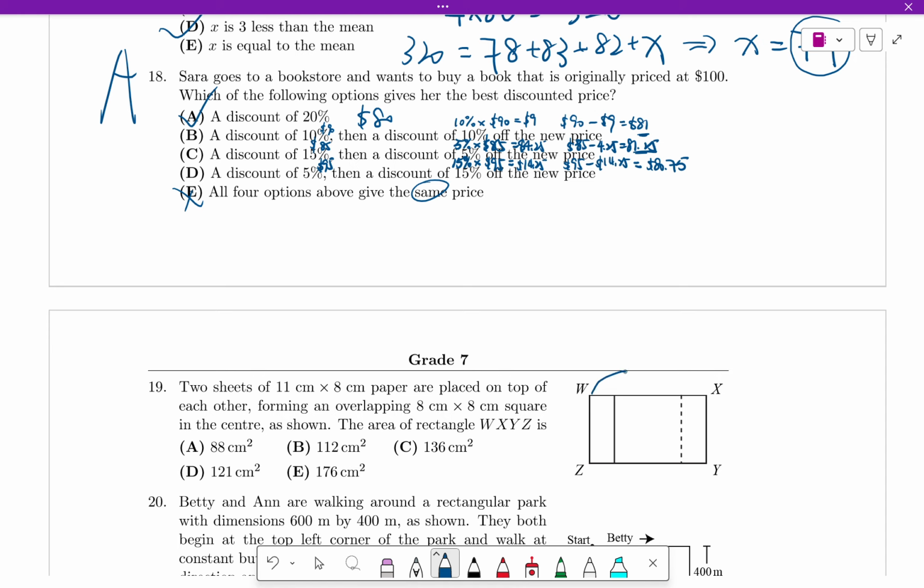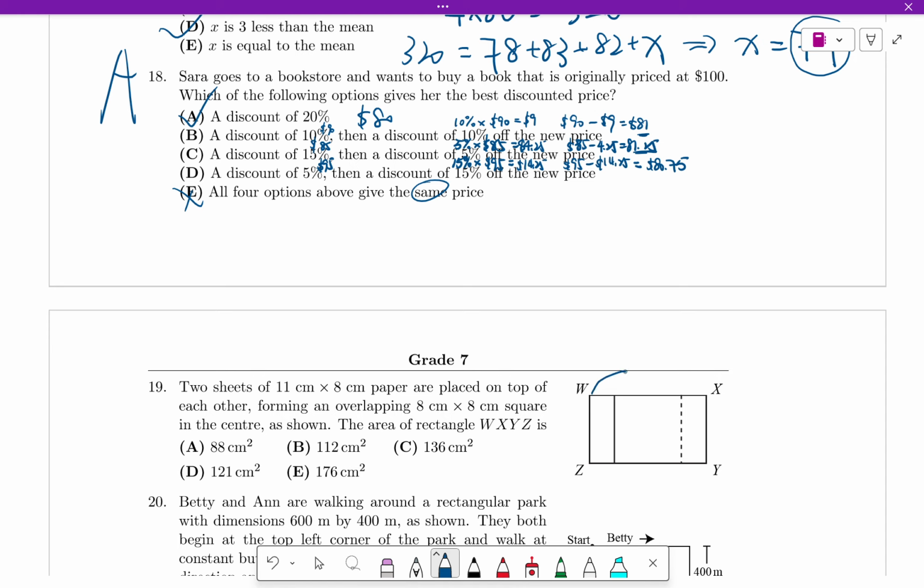We can see that the middle square is 8 centimeter, which means this and this would be equal to 3 centimeter, which is obtained from 11 minus 8. So the area of rectangle WXYZ would be equal to the area of one of the rectangles plus the extra small rectangle right here.